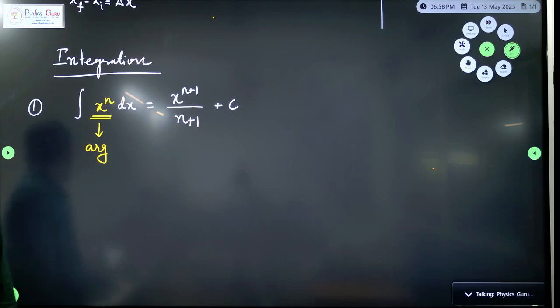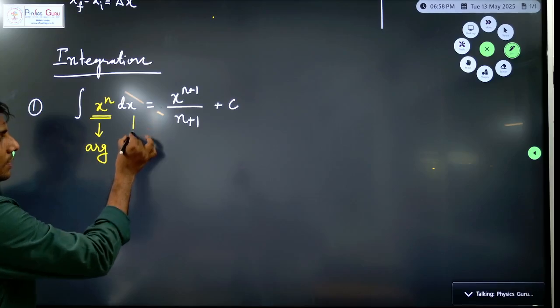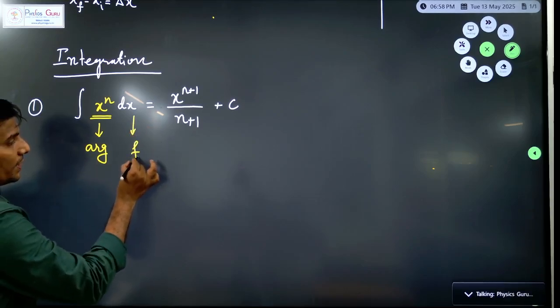This part is called the argument. This part is called a function.